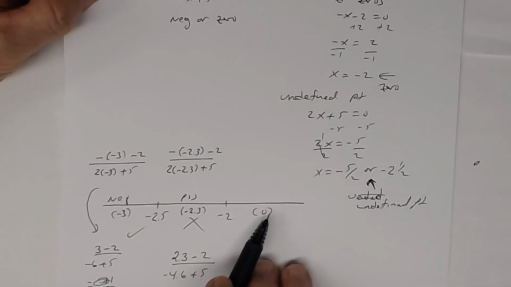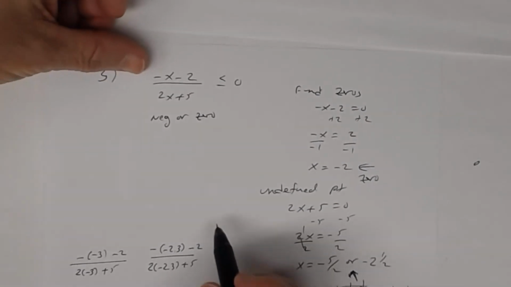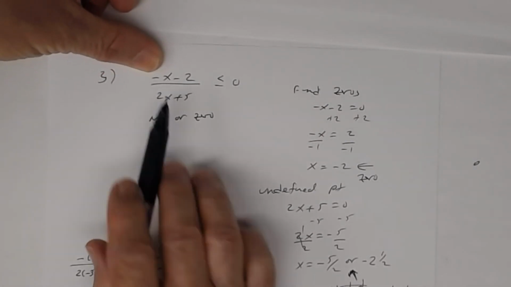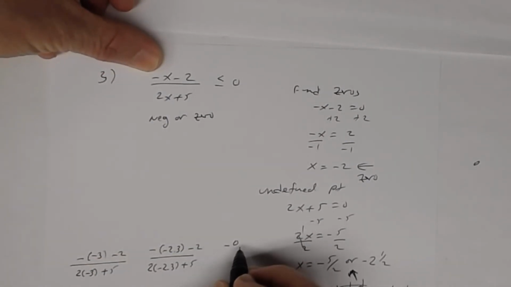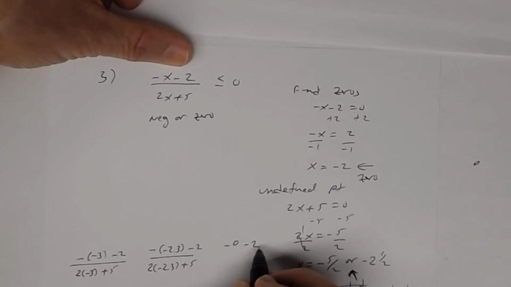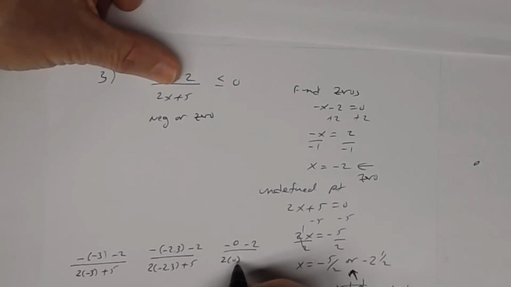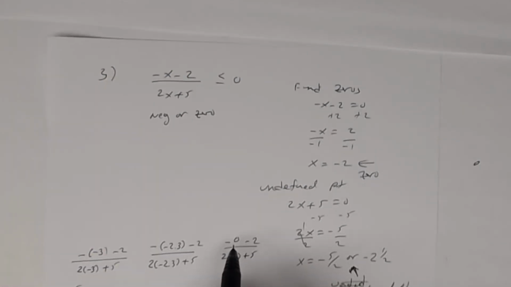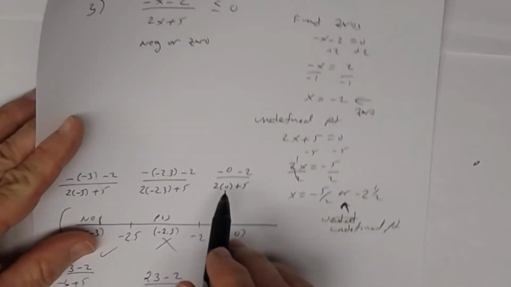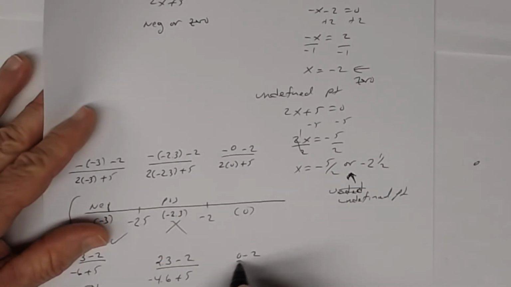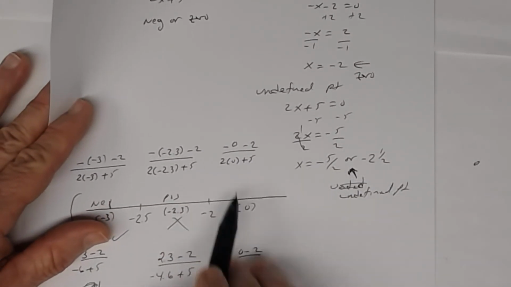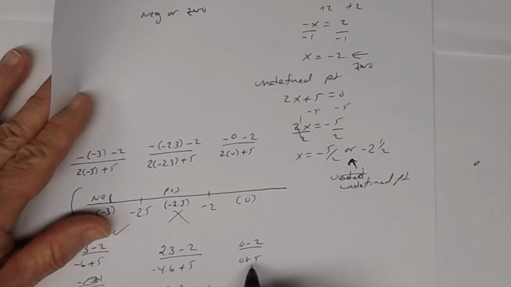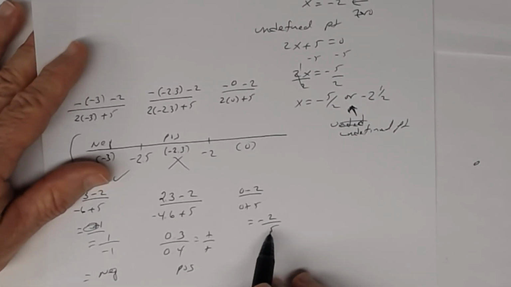And then finally we do the next one, 0. So same idea, think of this as the opposite of x. So the opposite of 0, which you know is 0, minus 2 divided by 2 times 0 plus 5. Well, the opposite of 0 is 0, right? So I get 0 minus 2 divided by 2 times 0 is 0, so it becomes 0 plus 5. 0 minus 2 is a -2. 0 plus 5 is 5, and obviously we know that's negative.